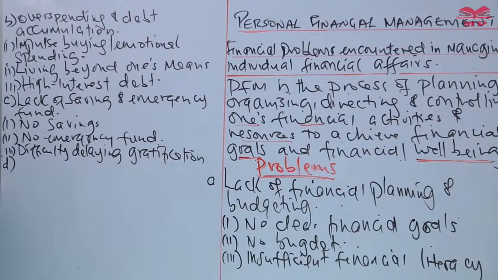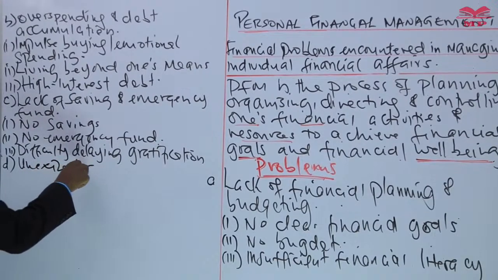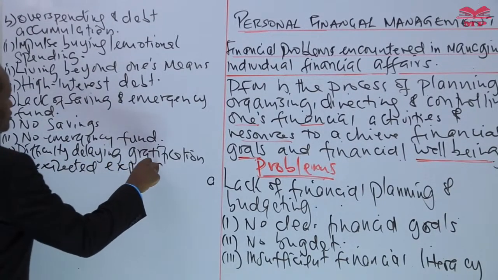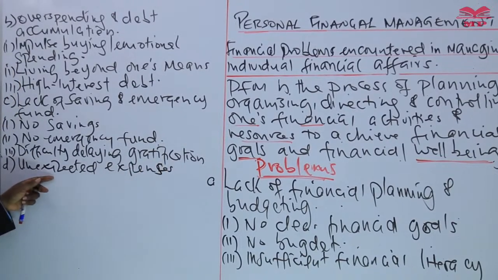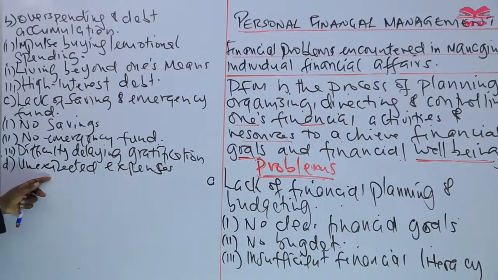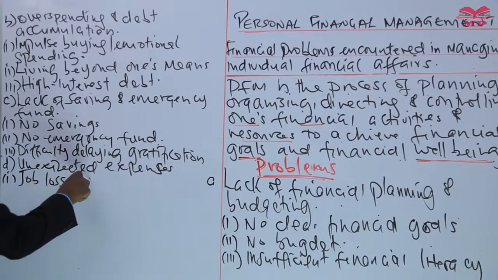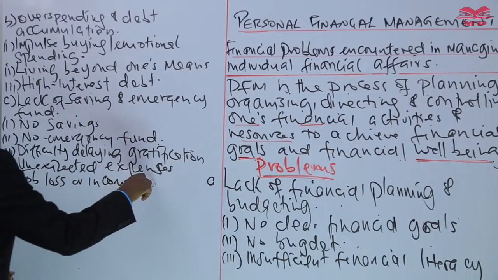The other category is D, unexpected expenses. That's another financial problem encountered in managing individual financial affairs. Unexpected expenses, which may be as a result of job loss or income reduction.